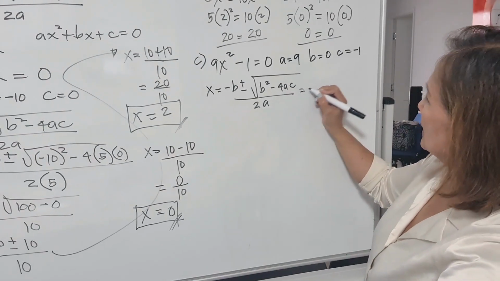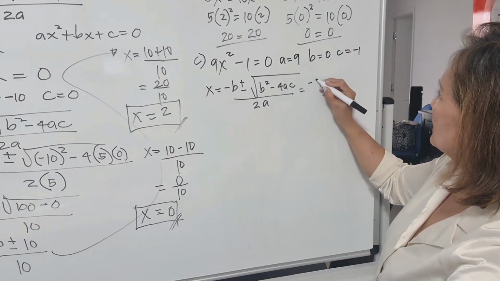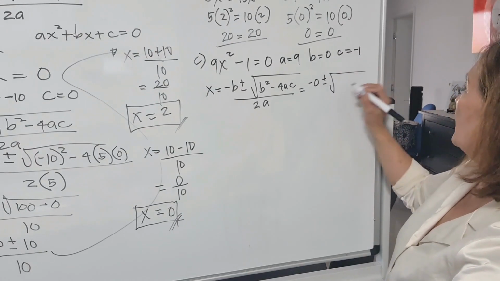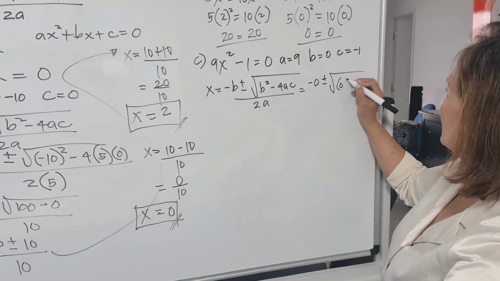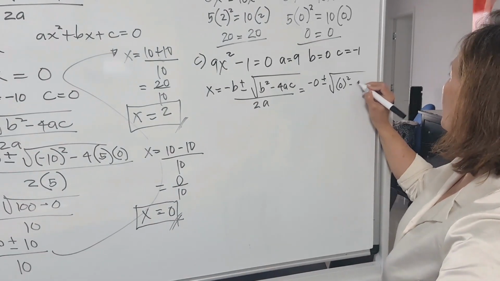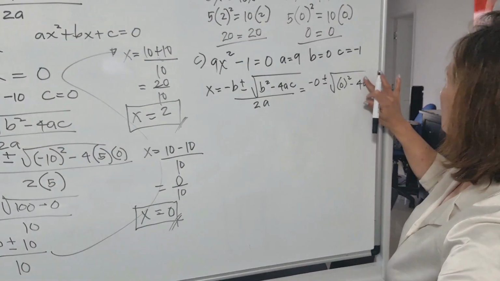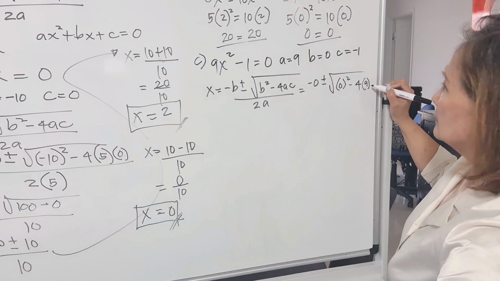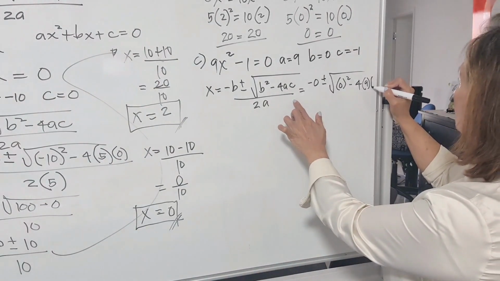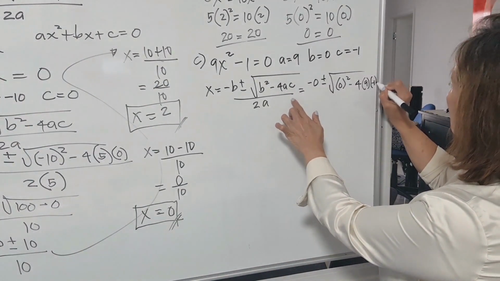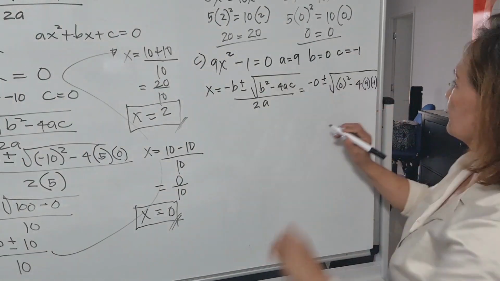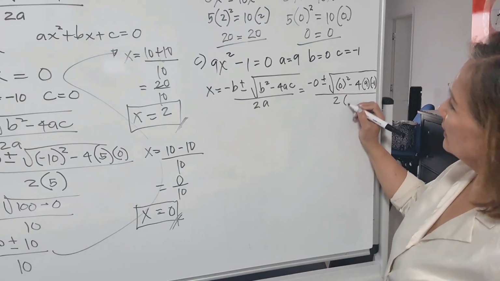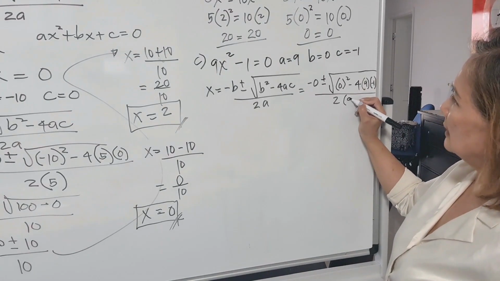Okay, substituting the value, we have -b, which is 0, plus or minus the square root of b squared, which is 0 again, -4ac. Your a is equal to 9, and c equals -1. All over 2 times your a, which is 9.